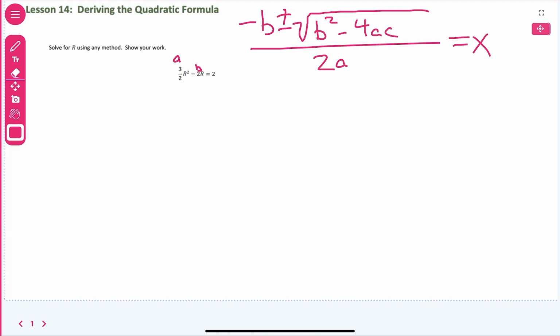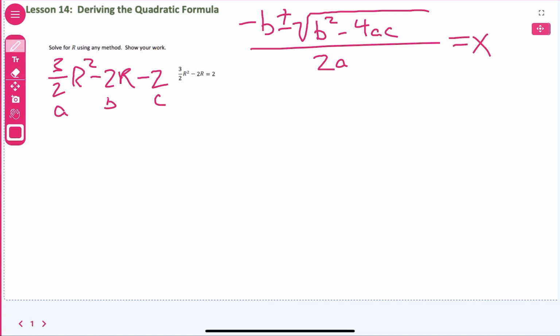You have to have it in standard form. So let's rewrite this. 3 halves r squared minus 2r. Now we would subtract 2 from both sides and get it over here. So now this is c. So a, b, c.